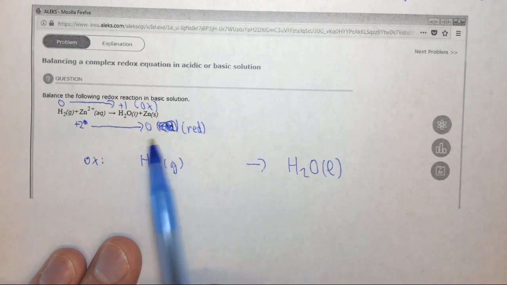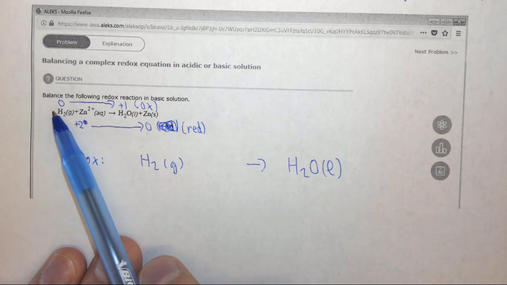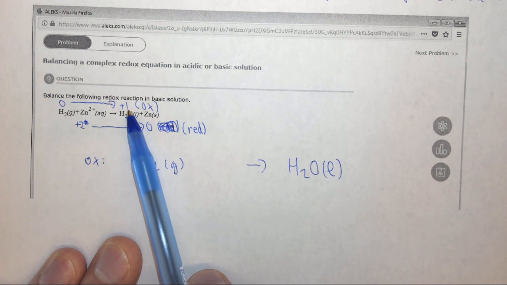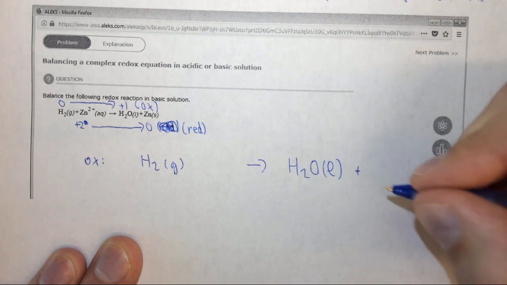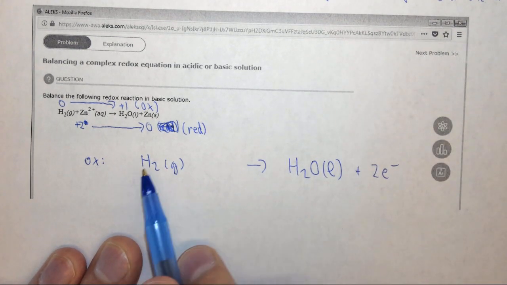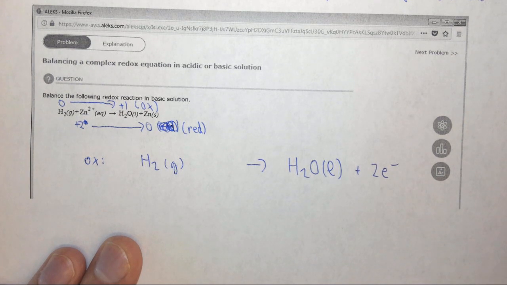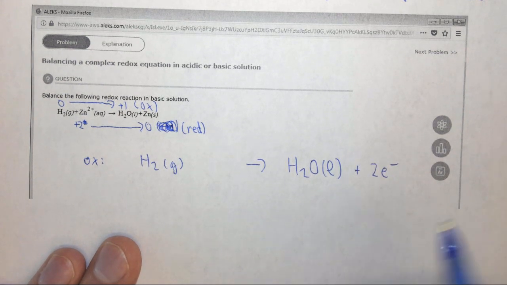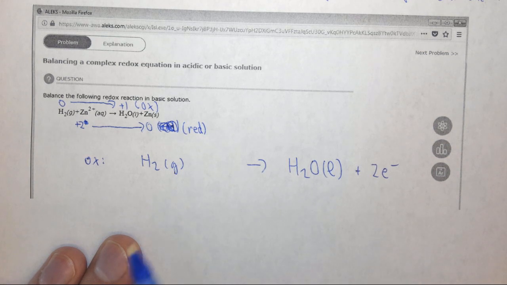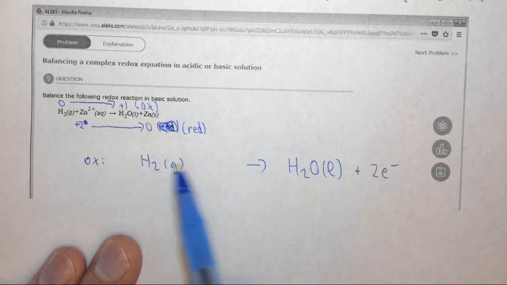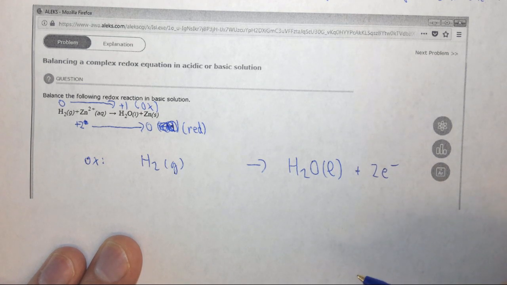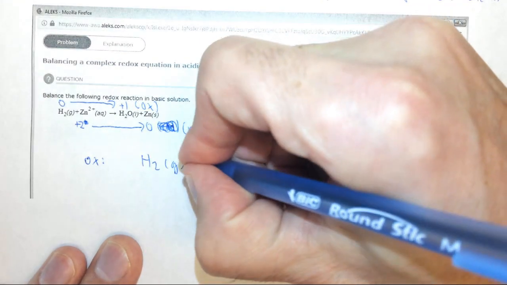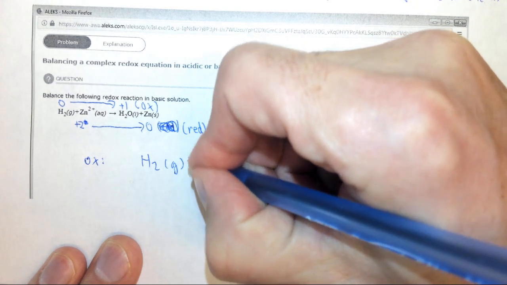It went from 0 to plus 1, so therefore we needed to lose 2 electrons because there are 2 hydrogens, each losing an electron. Well, we have the same issue as before. The issue is we have oxygen on this side and no oxygen on this side. So how do we get oxygen over here? Well, what we do is we add a water.